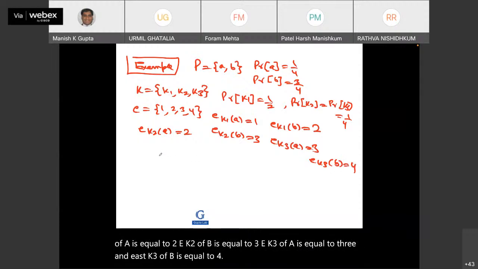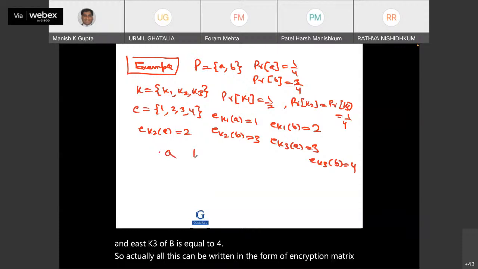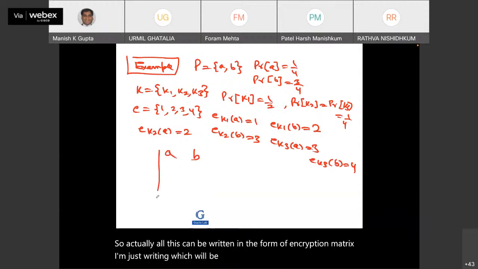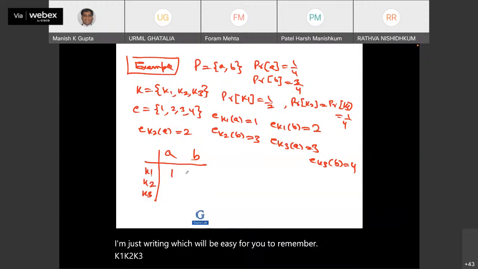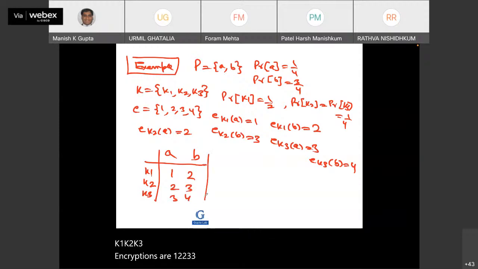All this can be written in the form of an encryption matrix. I am just writing it, which will be easy for you to remember: K1, K2, K3, with encryptions 1, 2, 2, 3, 3, 4.